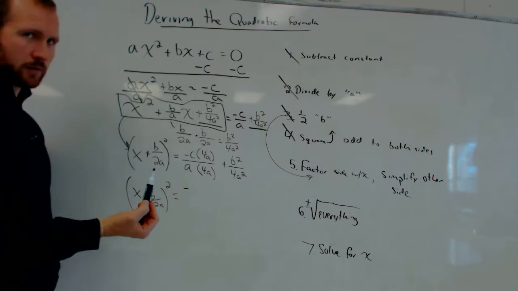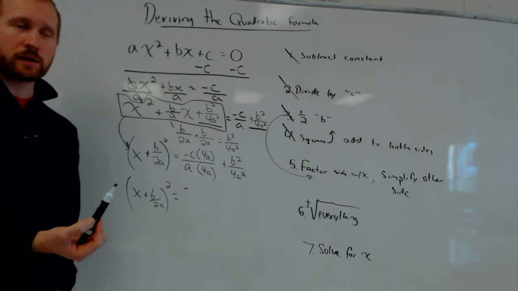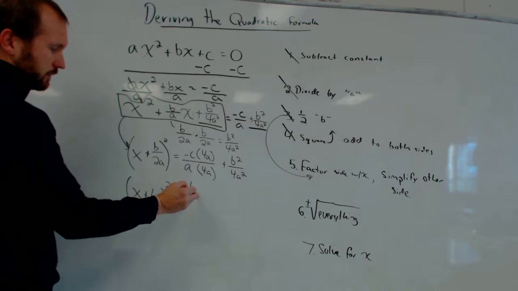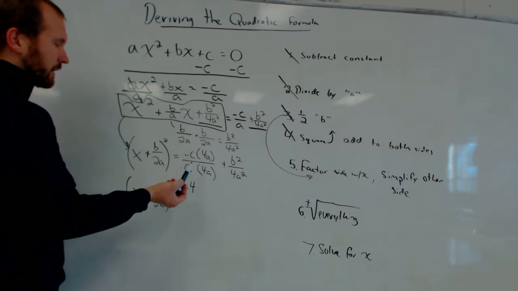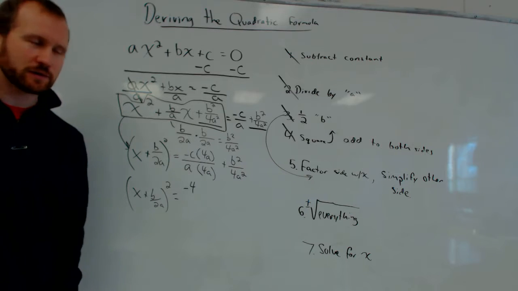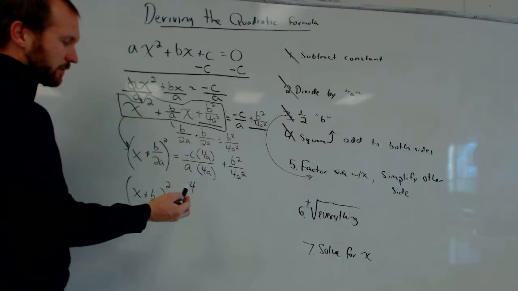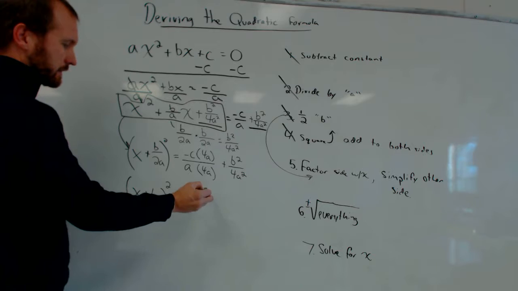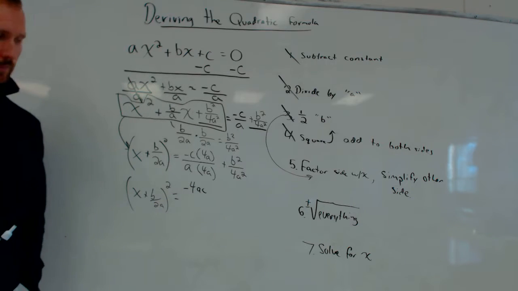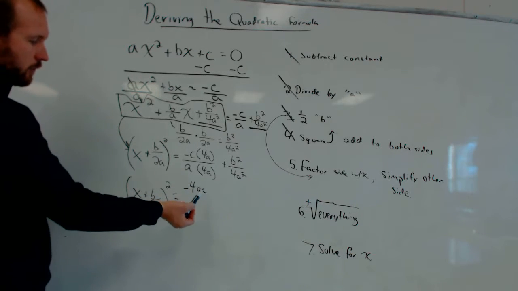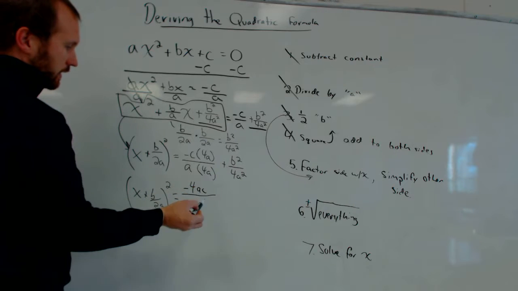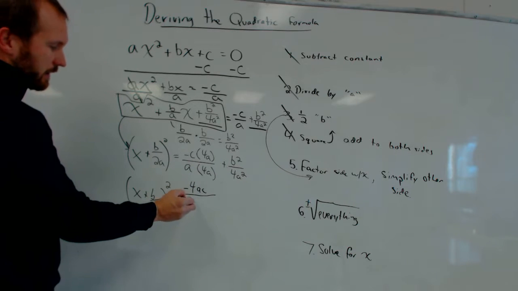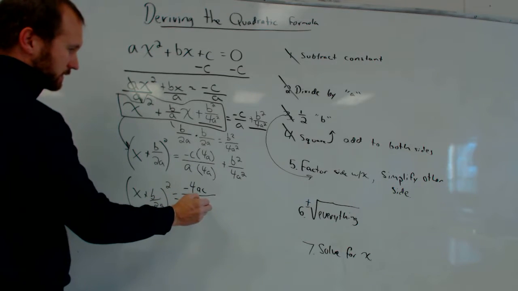I'm going to write it in an order that kind of makes sense. Typically we write the coefficient first, and then we write the variables in alphabetical order. So a, c. Negative 4ac. That's our numerator, and our denominator is 4a squared.